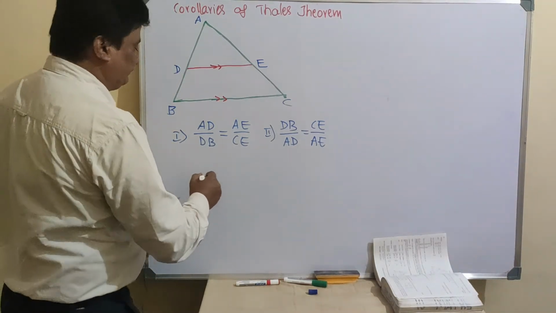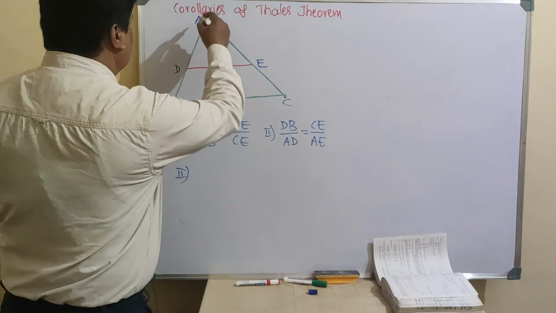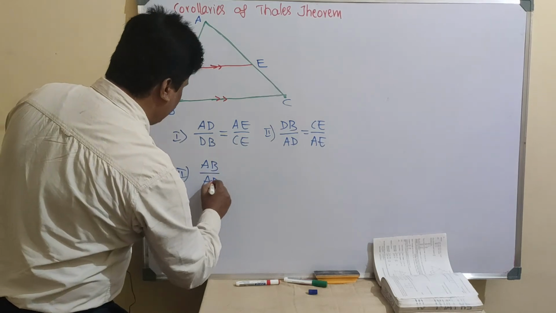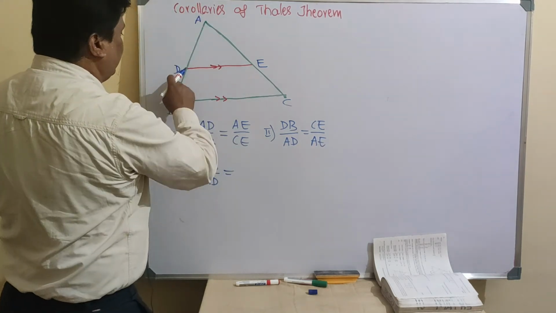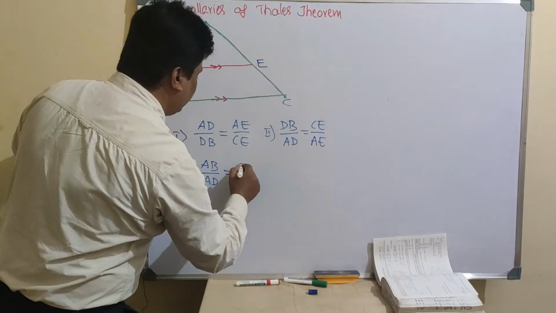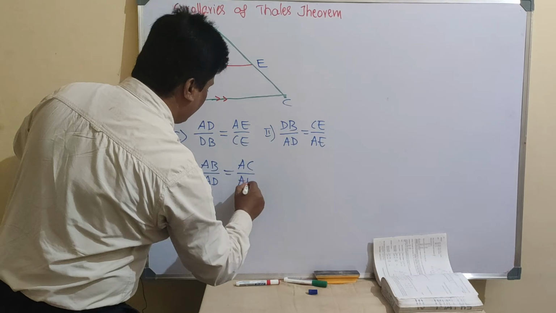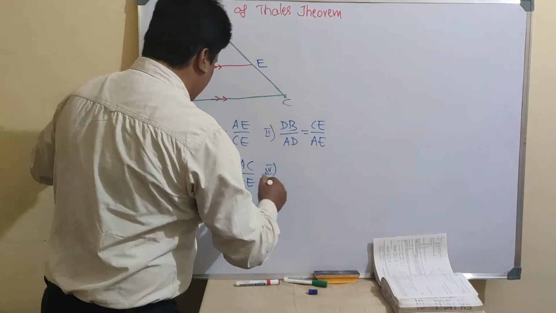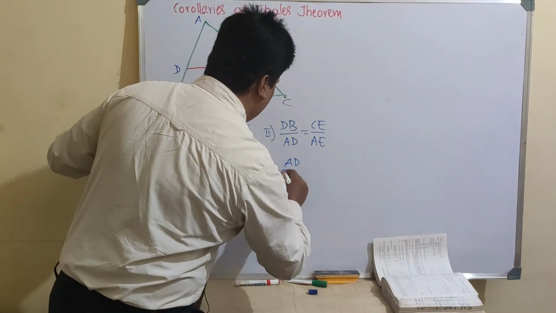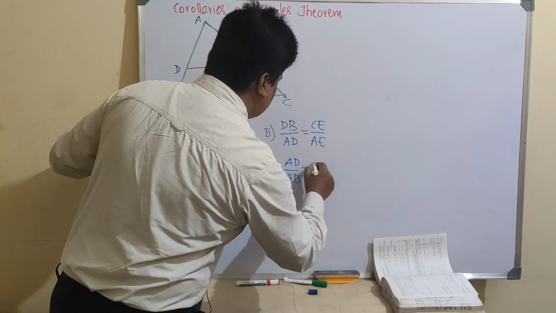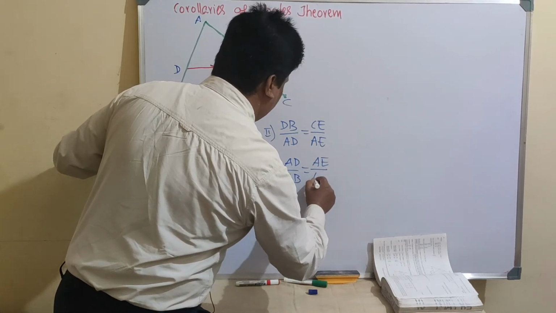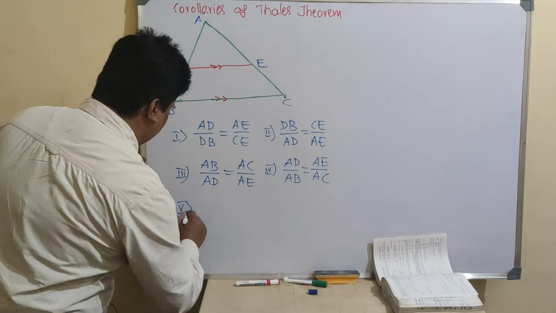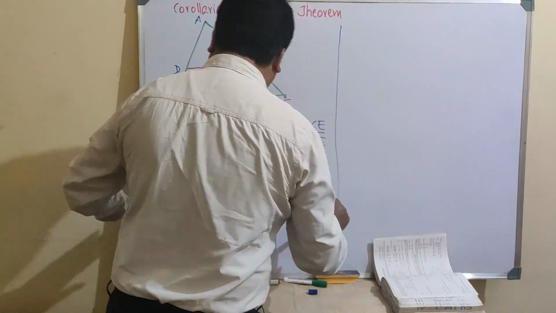And the second one, AB by AD is equal to AC by AE. The reciprocal of that one is AD by AB is equal to AE by AC.